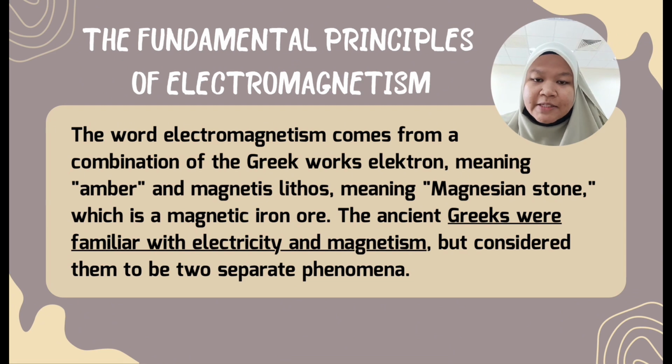So, the next part is the fundamental principle of electromagnetism. The word electromagnetism comes from a combination of Greek words: electron meaning amber and magnetis lithos meaning magnesian stone, which is a magnetic iron ore. The ancient Greeks were familiar with electricity and magnetism, but considered them to be two separate phenomena.